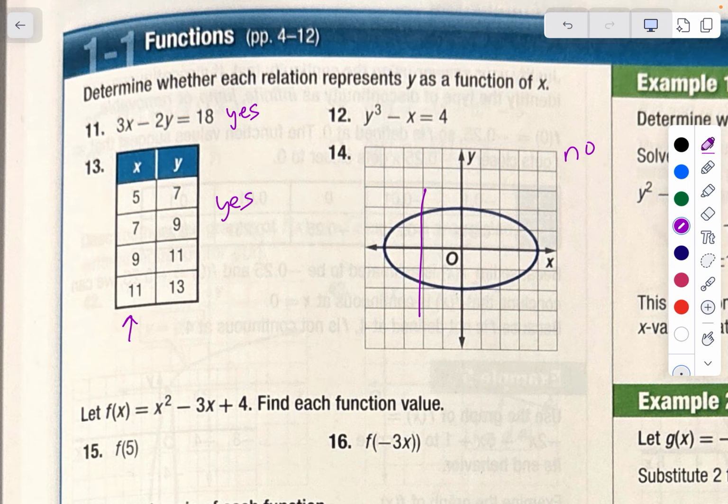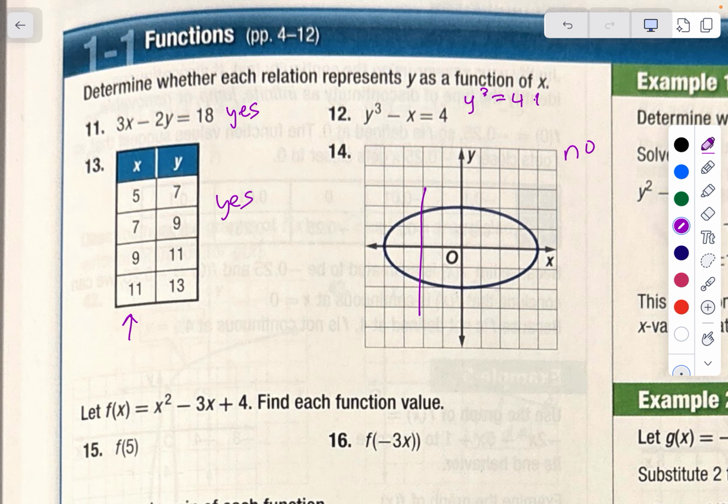When you go to solve for y, you take the x over to the other side and add it, and then you cube root it. Unlike a square root, square roots get the plus or minus, fourth roots get the plus or minus, sixth roots get the plus or minus.